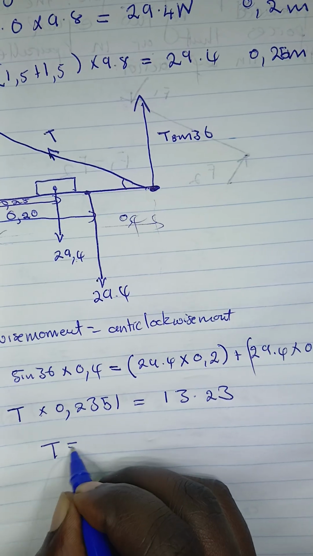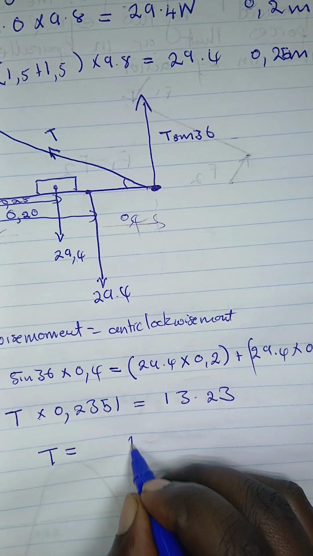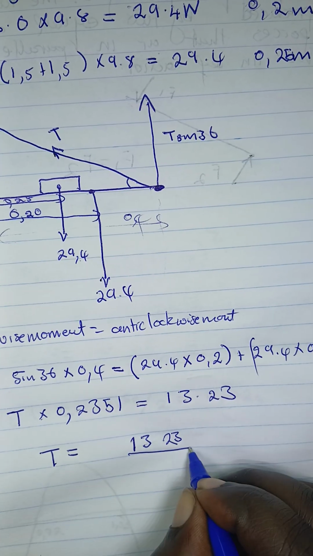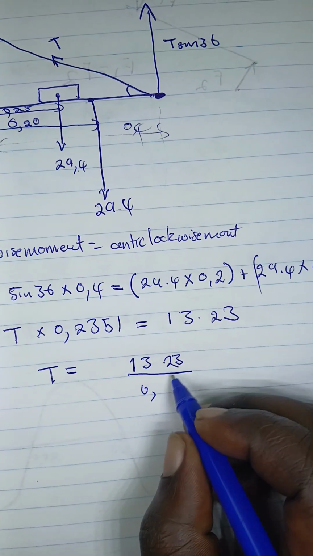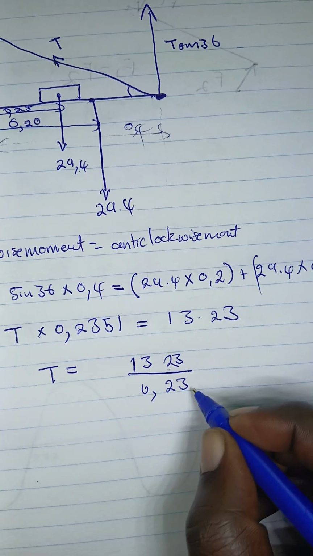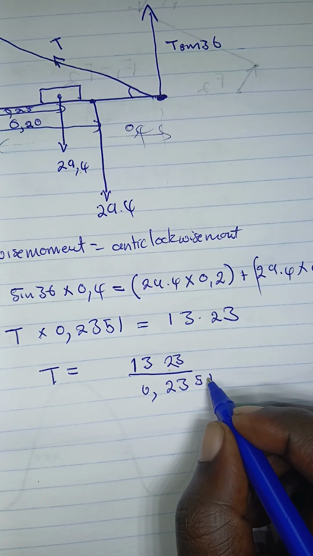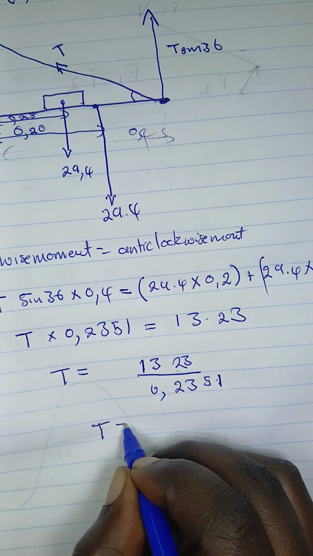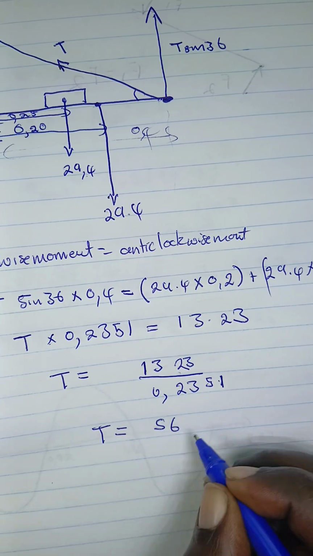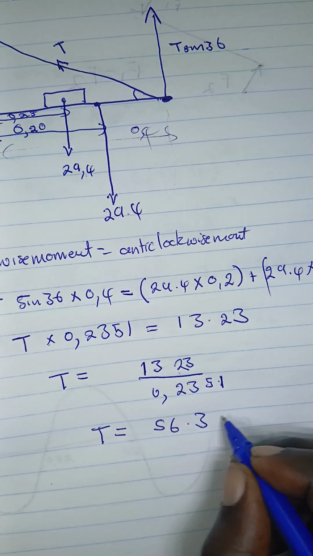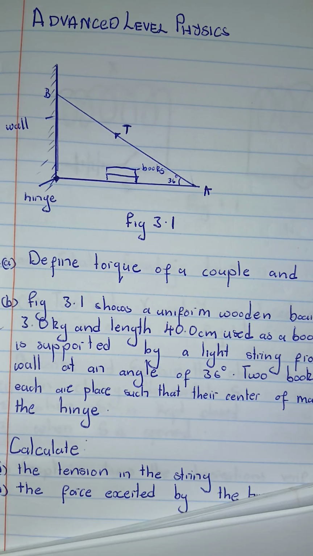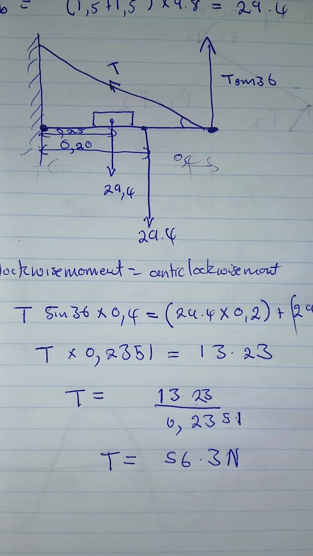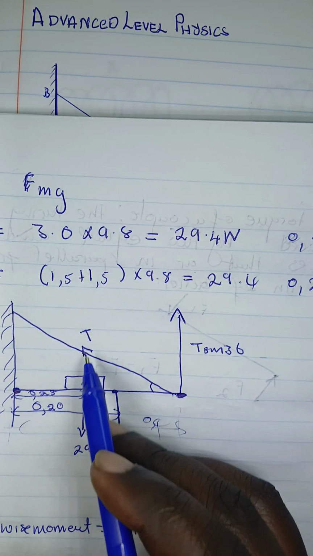So your tension is equal to 13.23 divided by 0.2351, which is 56.3 newtons. That's the tension on the rope.